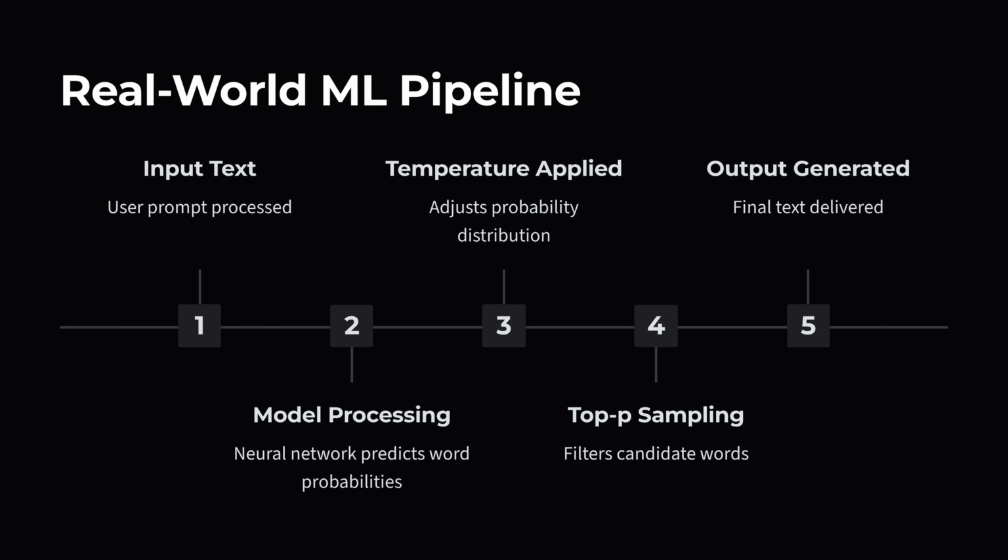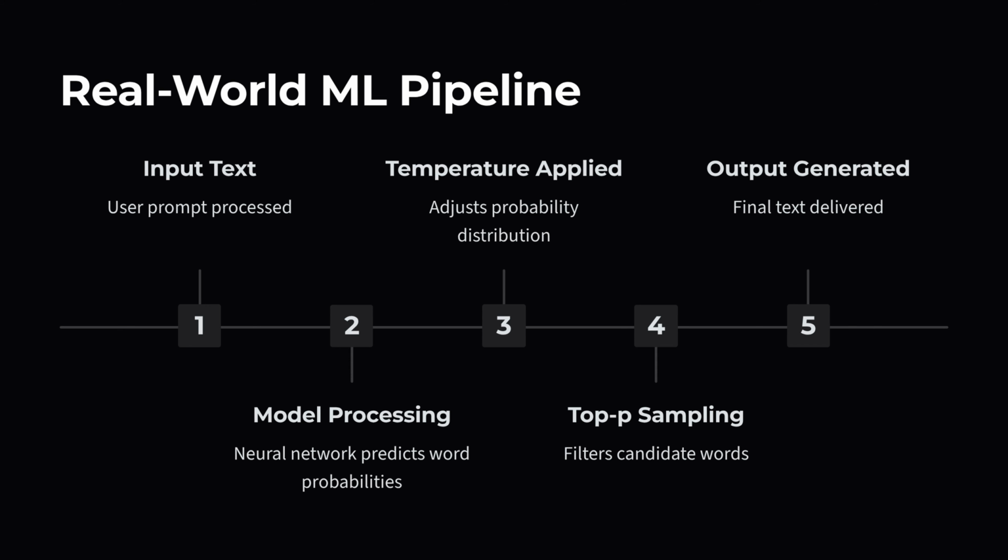Real-world ML pipeline. Now let's place both ideas into the actual generation pipeline. When a user sends a prompt, the model first predicts probabilities for all possible next words. Temperature reshapes those probabilities by making them sharper or softer, almost like adjusting a camera lens.